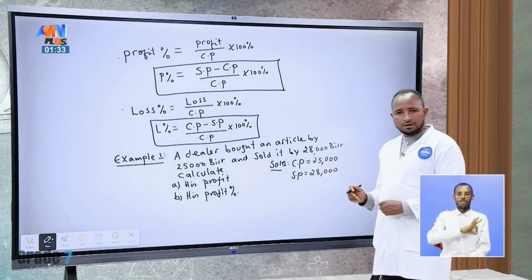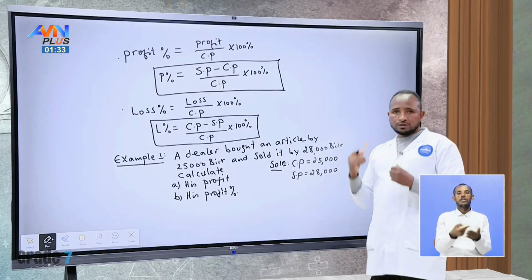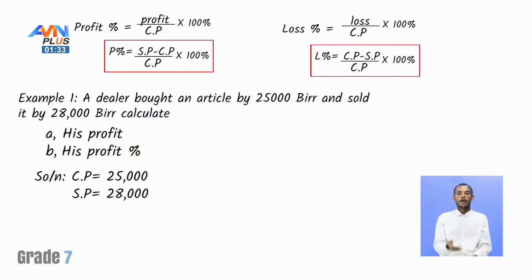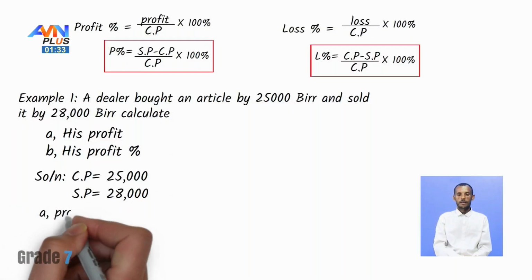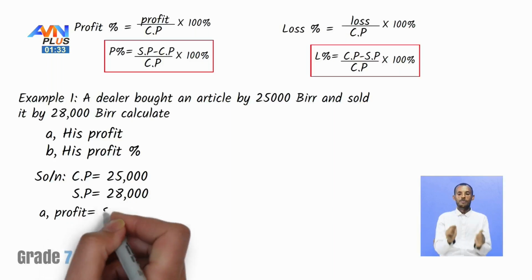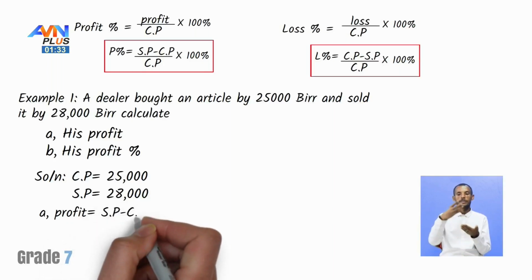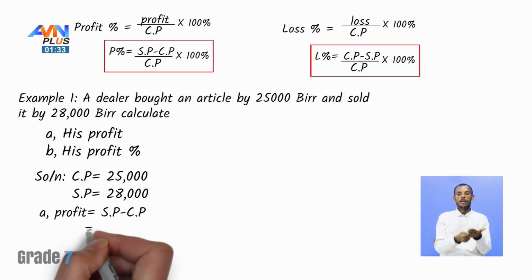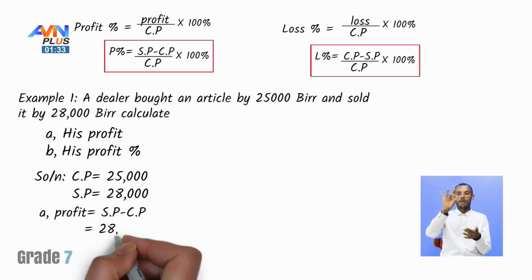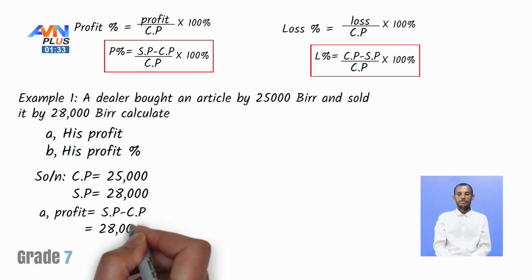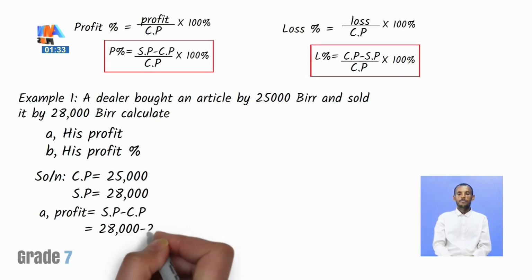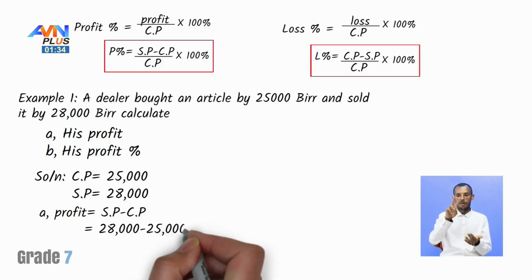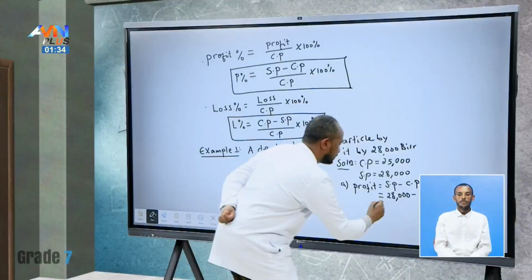The first question is, we are asked to calculate the profit. As you can see here, he sold for more than the cost. Therefore, he has a profit. And the profit is equal to selling price minus the cost price. Here, selling price is 28,000 minus the cost price, 25,000.